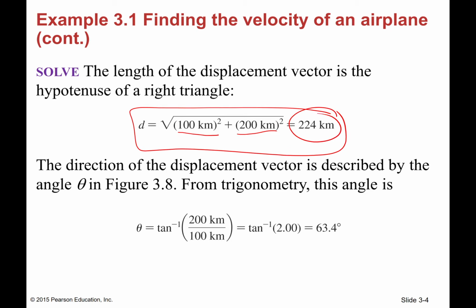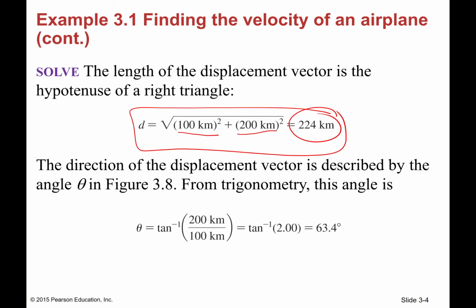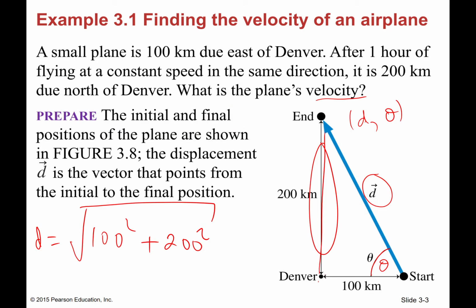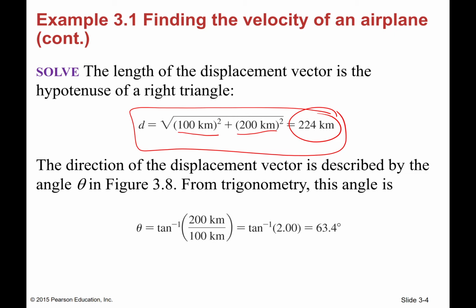The other thing that we need to find is an angle to represent the direction. If we look at this figure here, a good angle to represent the direction is this one here. So we need to calculate that angle. Going back to our trigonometry, the angle is given by the tangent of this side, 200, divided by this side, 100.